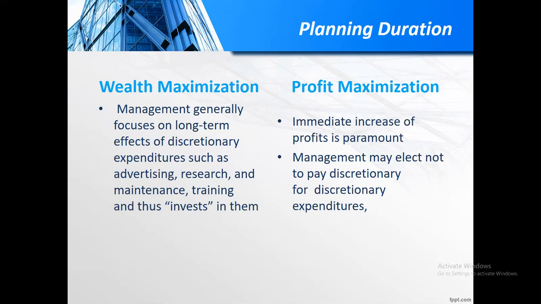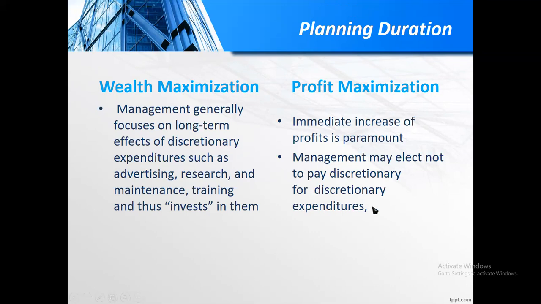So when the focus is profit maximization, there's a tendency to lose track of this, that the company is there for the long haul, and it might need investments, quote unquote, expenditures, the impact of which may not be seen in the near future, but rather in the distant future.